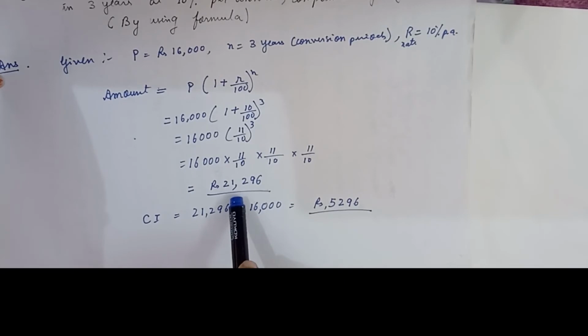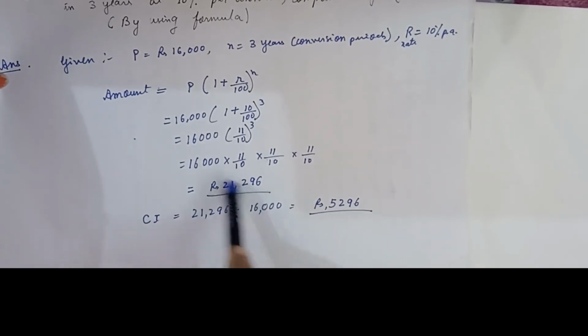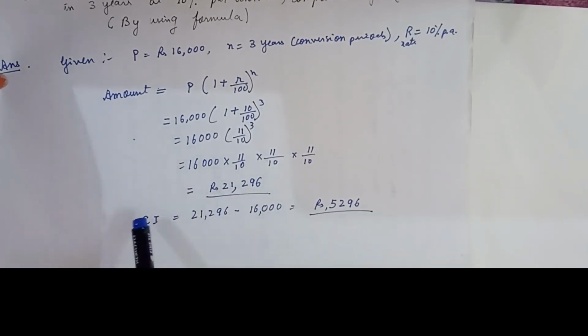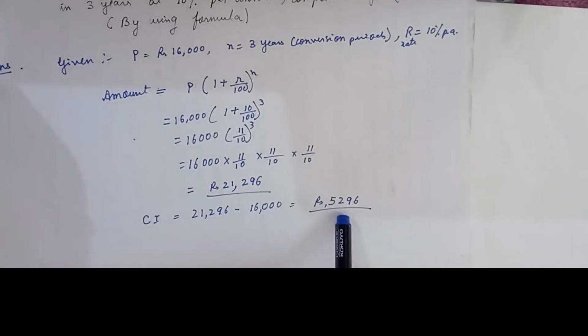I have calculated and written, you all please calculate in your rough column, 21,296. That is the amount because we are calculating the amount. Compound interest is subtract the principal and you get the compound interest.